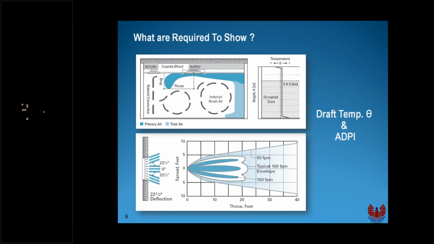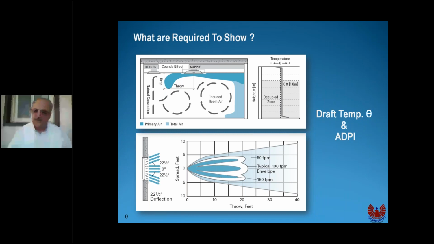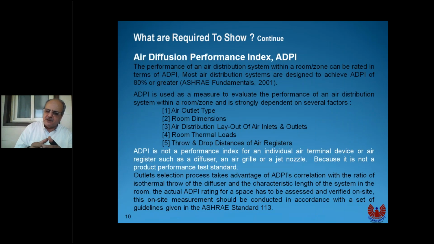It is a function of air outlet type, whether it's a square ceiling register, grill, slot, swirl, whatever, and also a function of the characteristic length of the room. Not any length, the characteristic length of the room and the relation between the location of the outlet and the direction of these characteristic lengths.